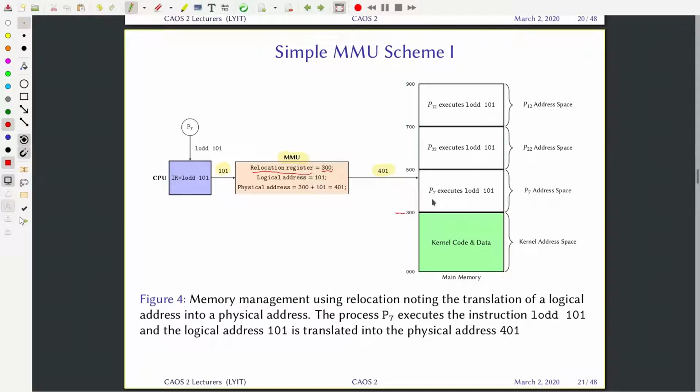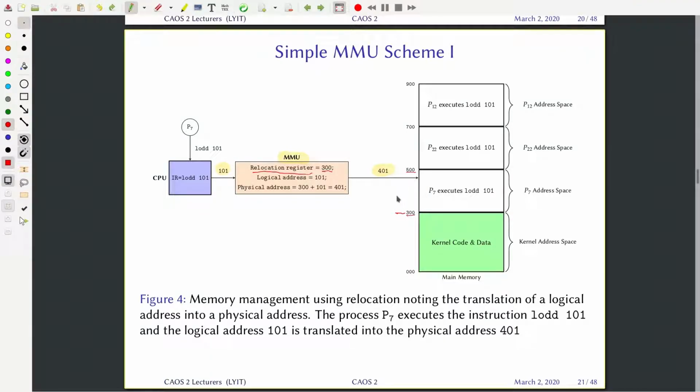When P7 was loaded into this portion of main memory, its first physical address is 300, and its last address would be 499. Some of these figures are a little bit arbitrary, but you get the general idea. Another way of expressing that is to say that the total portion of allocated address space in RAM for P7 is 200 bytes.